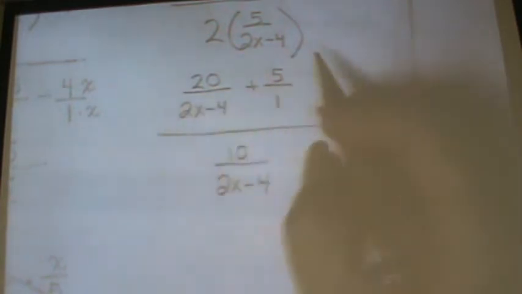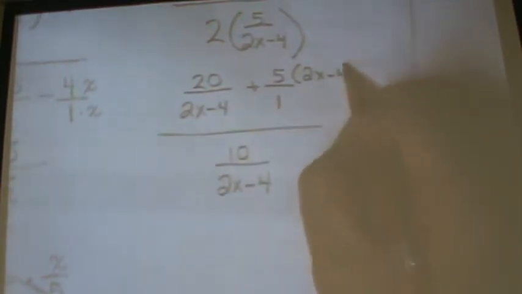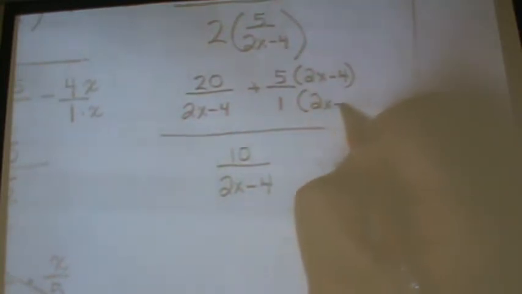And now how do you multiply these two? We just did it right here. 4 times 5 is 20. What do you do here? 2 times 5 is 10. Now we go back. How do you combine these 2 fractions? We need a common denominator. So you're going to multiply this by 2x minus 4 and this by 2x minus 4.